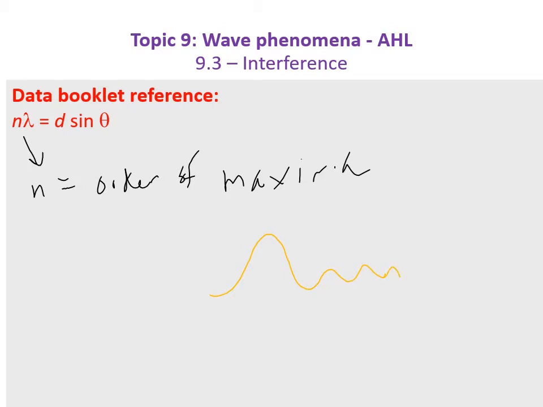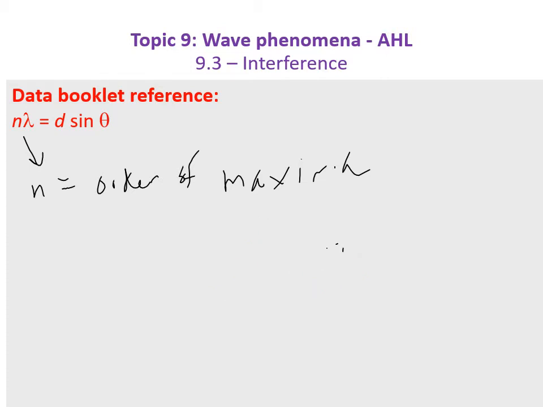So this would be where n equals 0, n equals 1, n equals 2, n equals 3. So 1, 2, 3. You count the peaks on either side of the central max to give you the n.